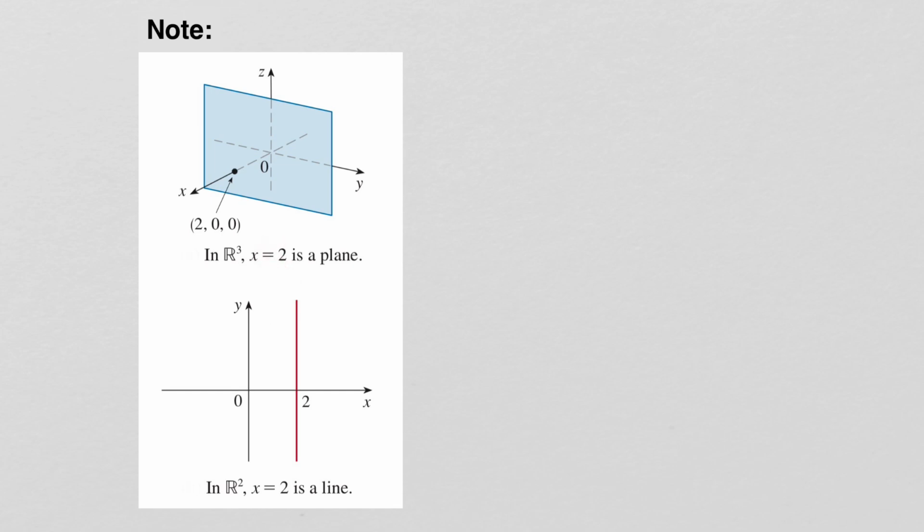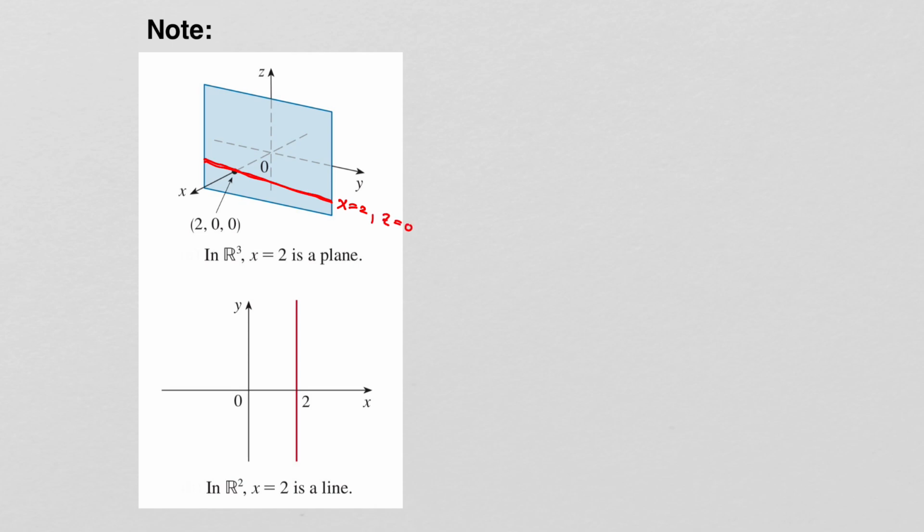But x equals 2 in three-dimensional space, in R3, is a plane, right? So this line here is contained in this plane right here. That line right there would be x equals 2 and z equals 0.